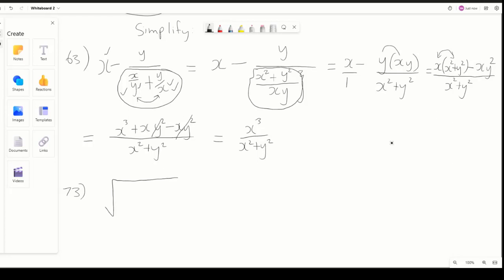So it's the square root of 1 plus, then I've got x cubed minus 1 over 4x cubed. And these are all squared inside here, all squared.